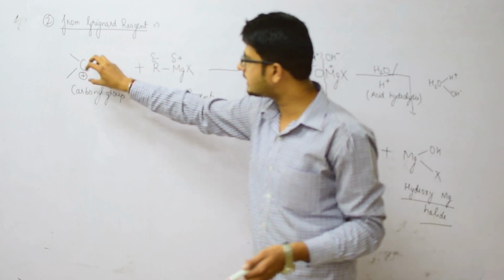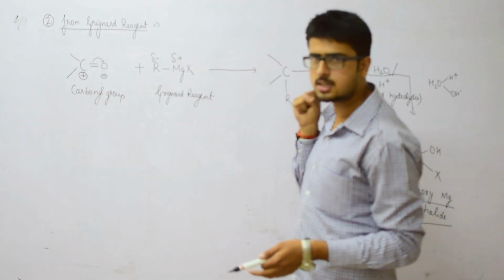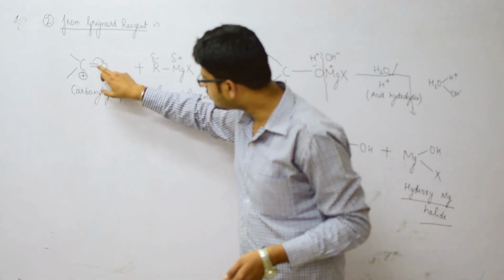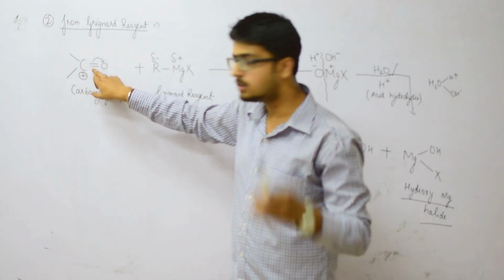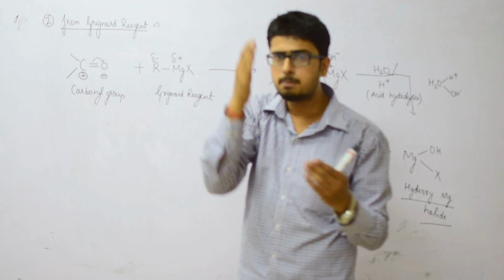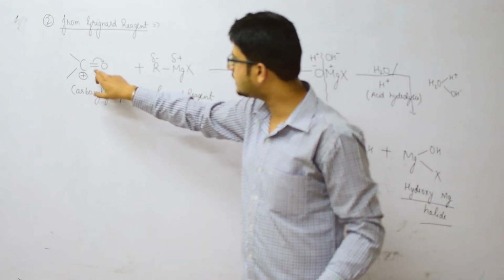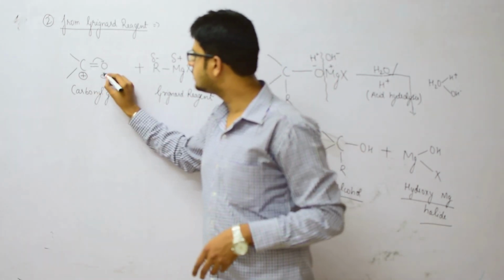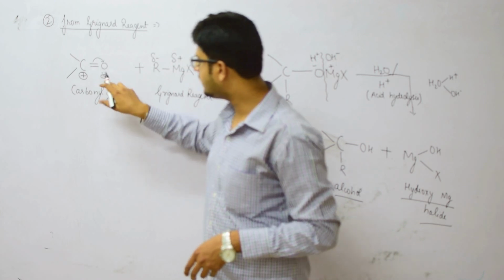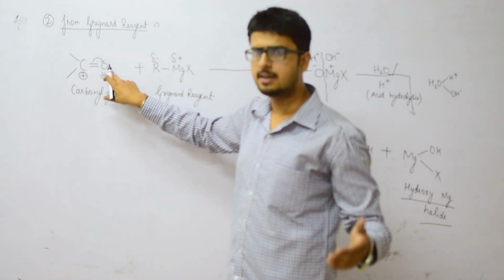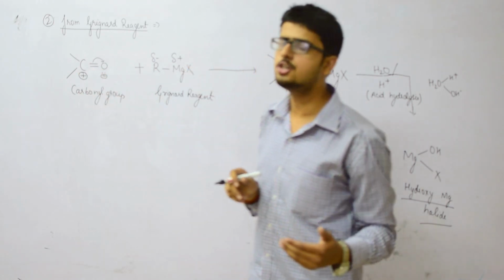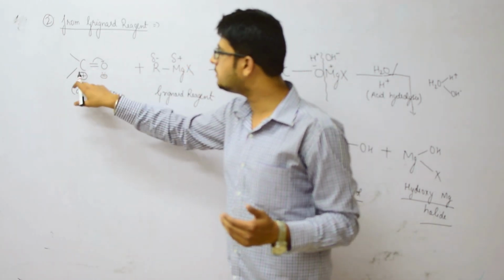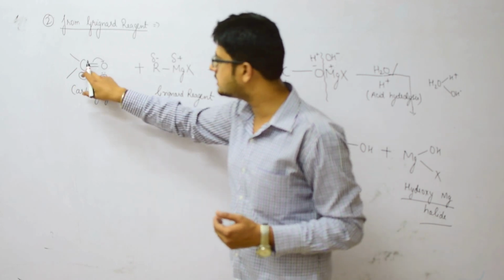So it will attract the shared pair of electrons towards itself, due to which this pi bond will be broken, and the 2 electrons generated from the breaking of pi bond will be collected near oxygen, and the negative center or carbanion will be formed. Because carbon atom has a deficiency of electrons, an equal number of positive charge will be developed on this carbon atom.